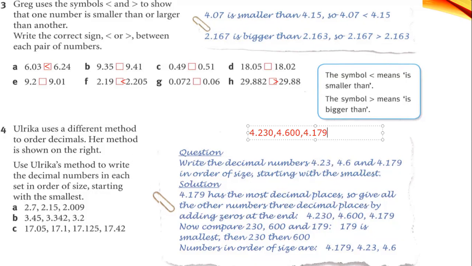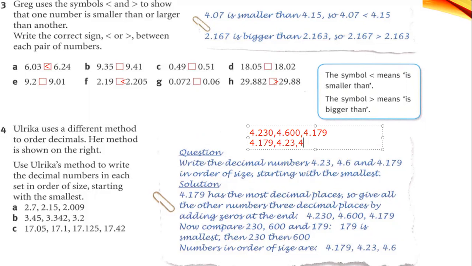4.179. So which one is smallest? Here is 230, here is 600, here is 179. So the smallest is 179, then 230, then next. While writing, you never write like this, you write the original numbers, like 4.179, then you write 4.23, then you write 4.6.